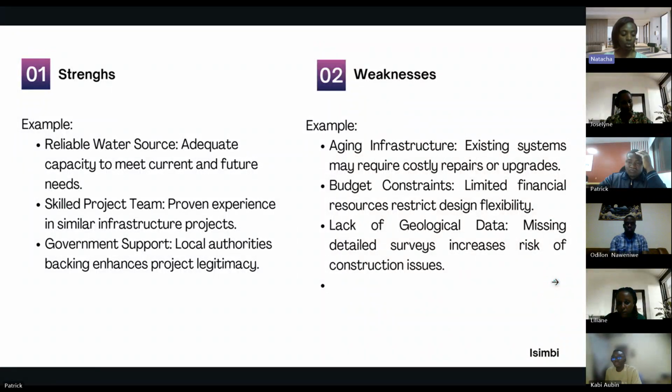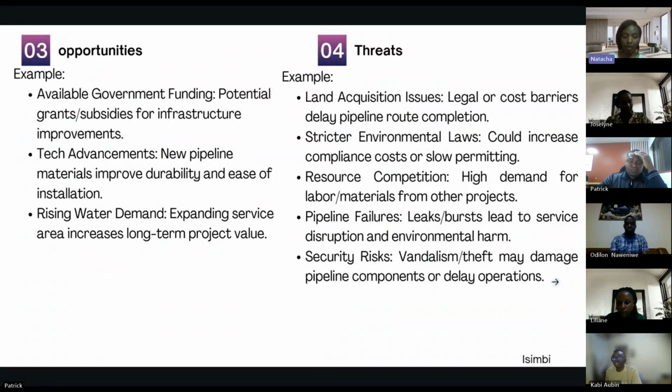So we'll continue with the opportunities and threats. Opportunities are external conditions that will help or leverage our success in our project. Examples are available government funding and potential grants. We also have technological advancements such as new pipelines, and rising water demand.